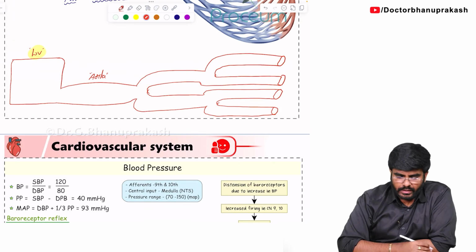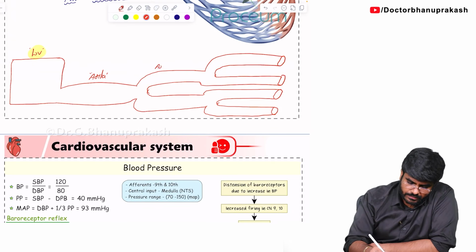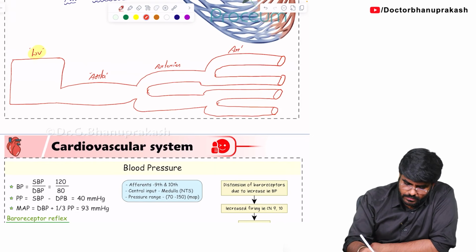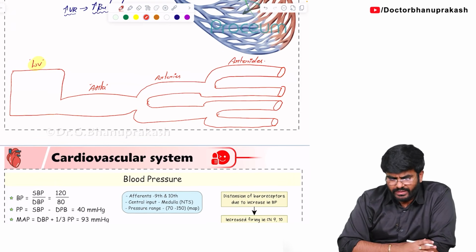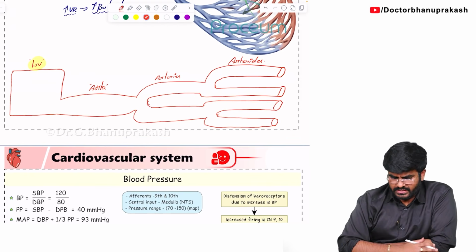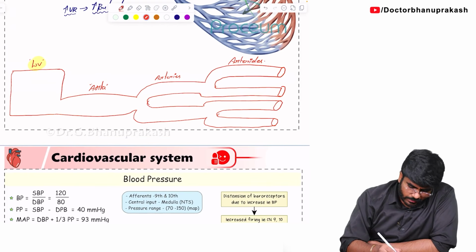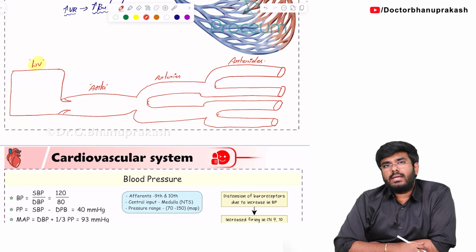Okay, left ventricle, aorta, arteries, and arterioles. This is how generally the vascular system is. Now, tell me what is this valve that I am showing here? This is the aortic valve. Okay. Now, how to understand the afterload, sir?